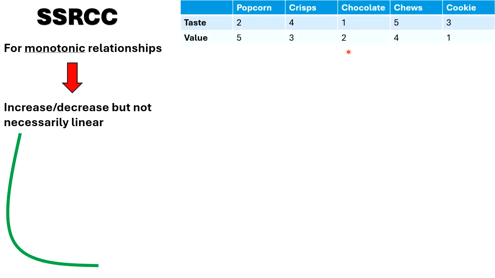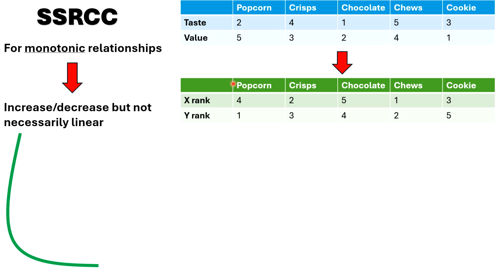So as always, you're going to be given a table, and in this case, you're always going to have to rank the values from biggest to smallest for each column. So the best taste was a 5 for juice, and so it's the biggest value, and we're giving it the rank number 1. The smallest value, on the other hand, is the taste of 1 given to chocolate.